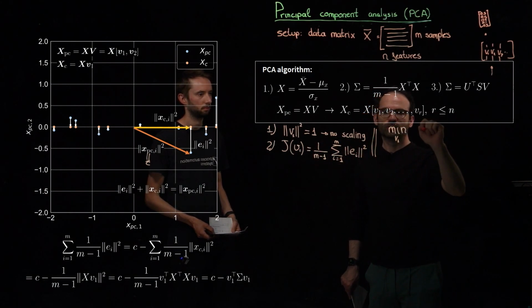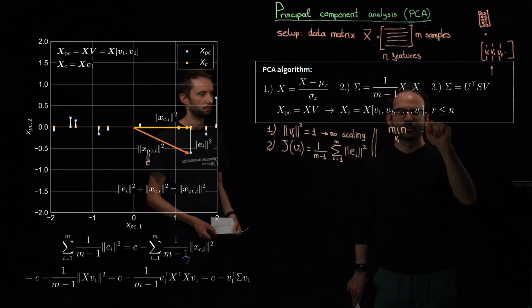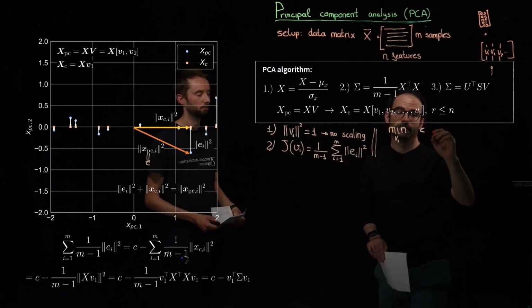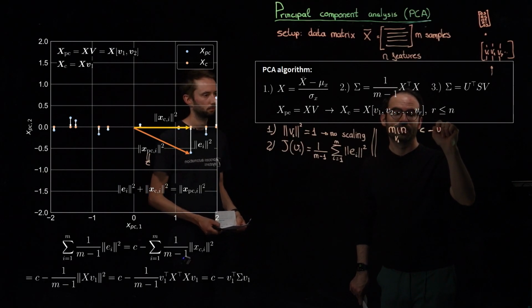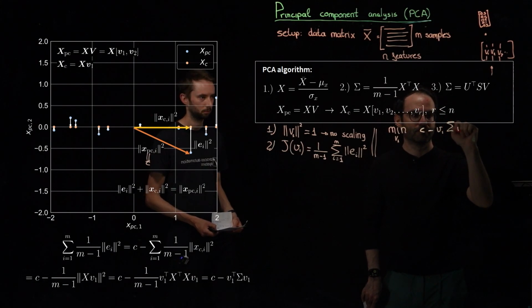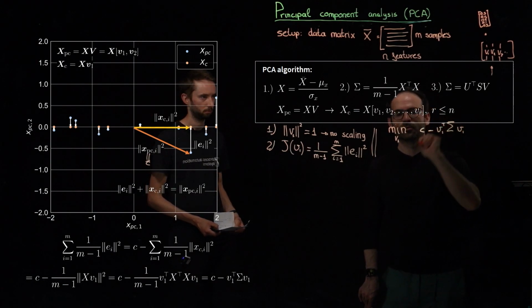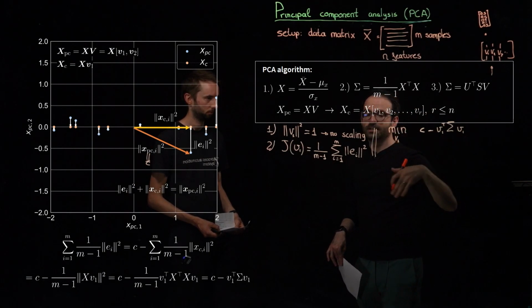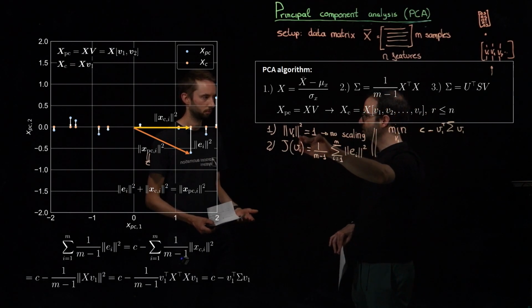And this is exactly what we are going to do. So we want to minimize minus a constant that is not going to affect the solution of this minimization problem, minus V1 sigma V1 transpose here, okay? This is our cost function of the optimization problem. And then we have another condition that we want to achieve.